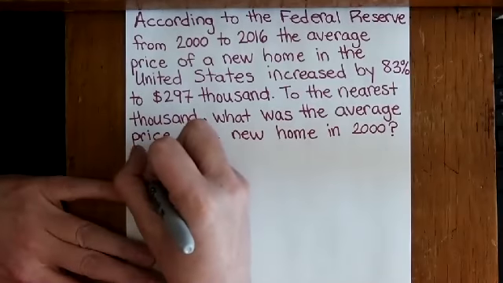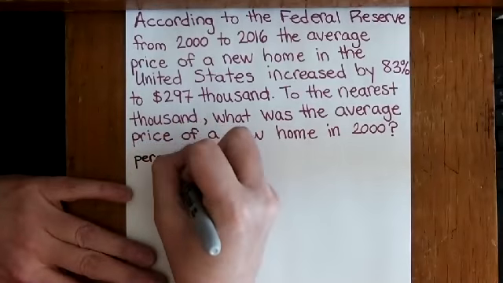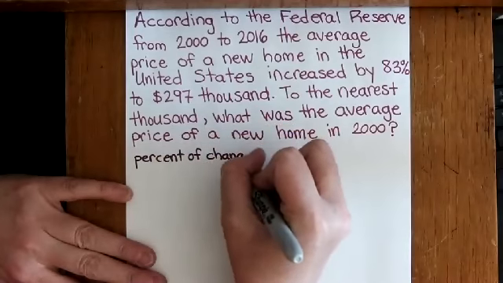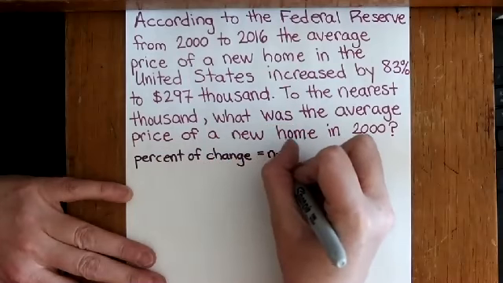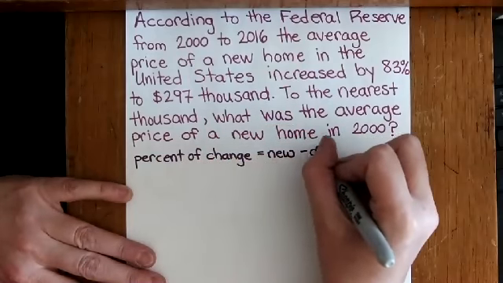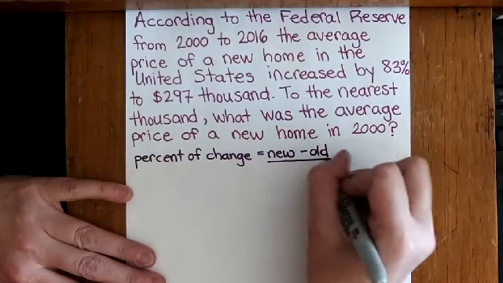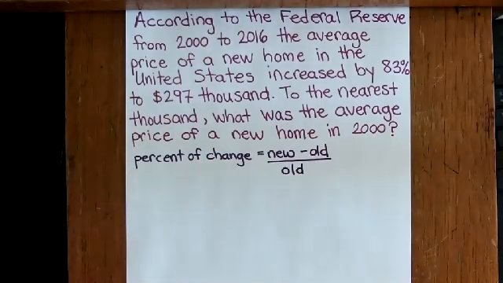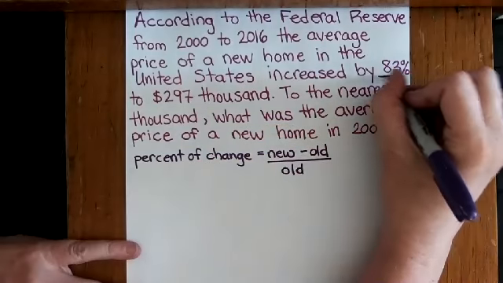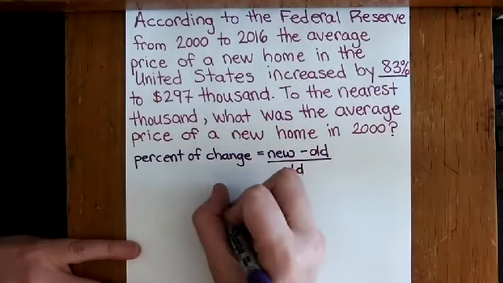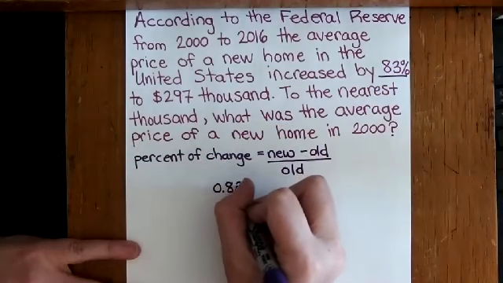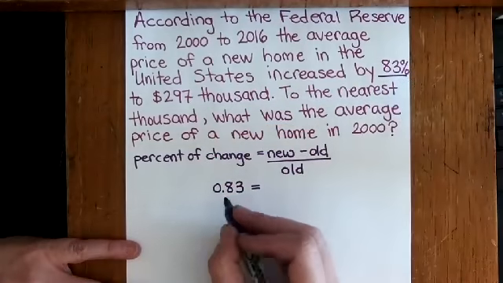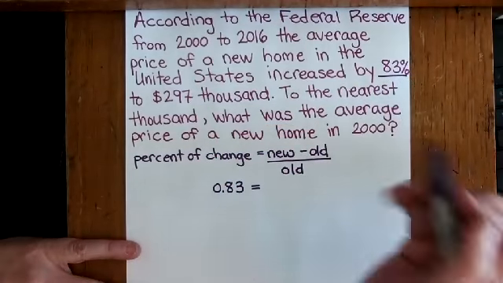So the percent of change is the new amount minus the old amount divided by the old amount. And what we do know is there was an increase of 83%. So writing that in decimal form, 83 per 100, 83 hundredths, right?